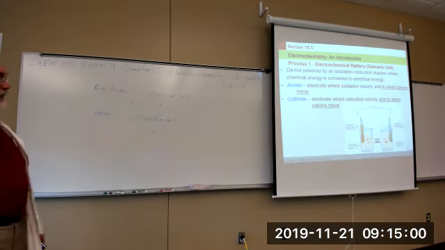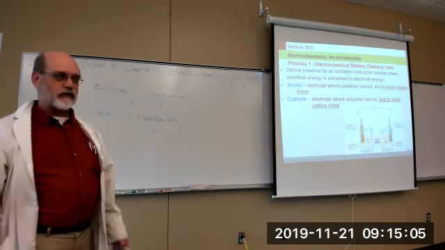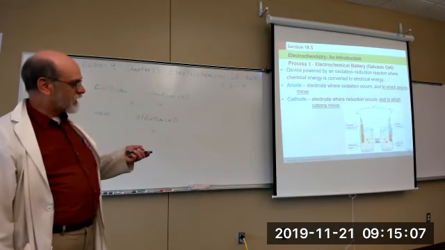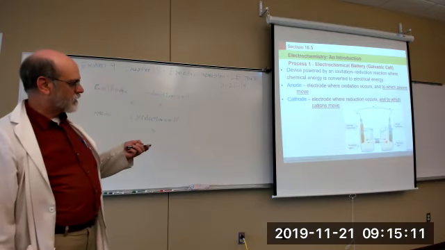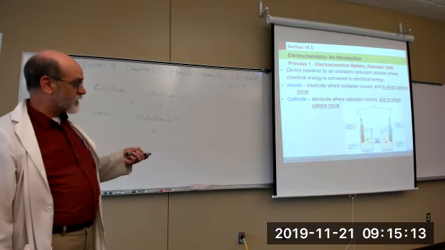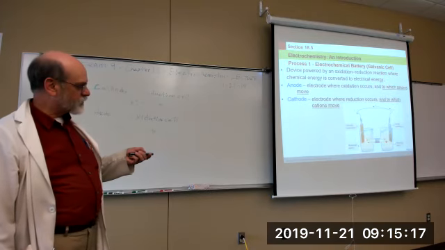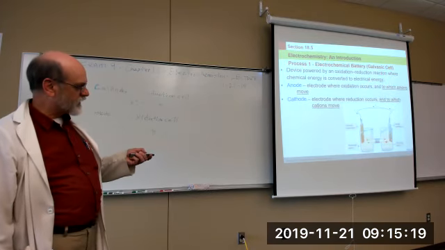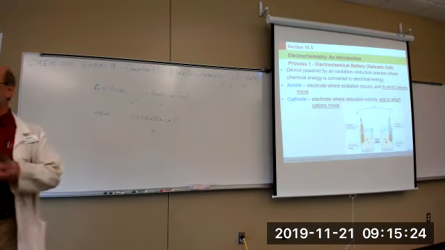Now, which way do the ions move between these two solutions? Well, if we're taking negatives away from this side, then they're going to have to be balanced by positives. So the positives are going to move from this side to that side, and the negatives are going to move from this side to that side to replace the negatives lost on that side. You have to have balanced charge.